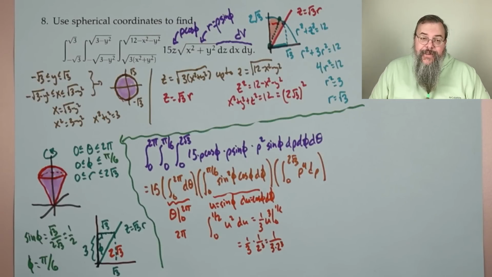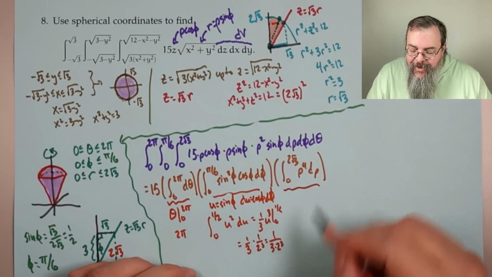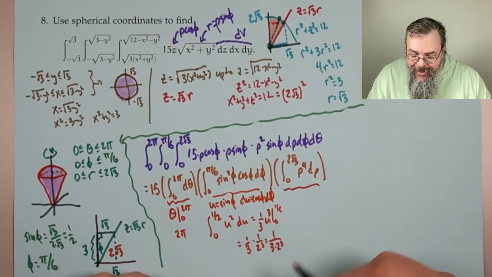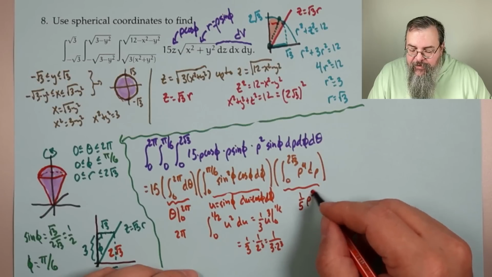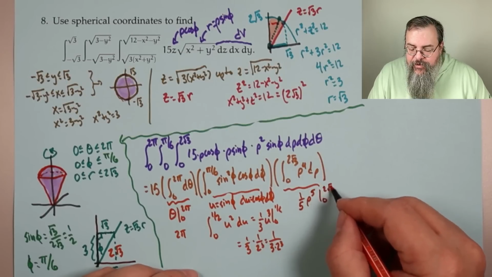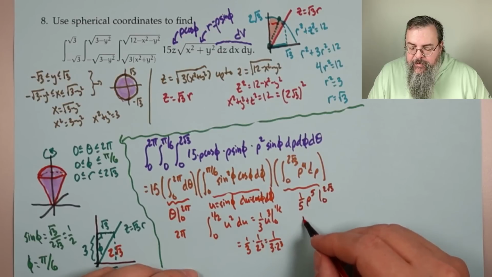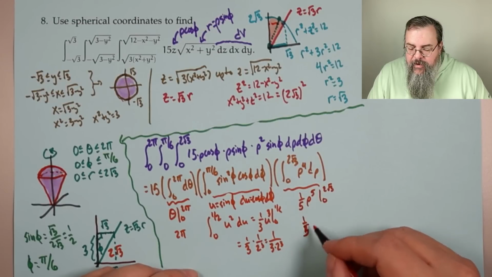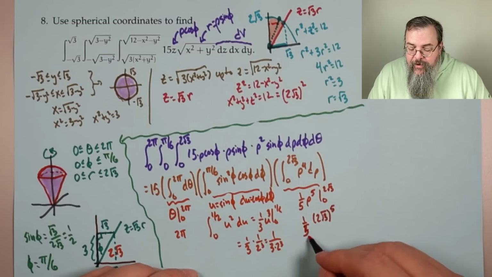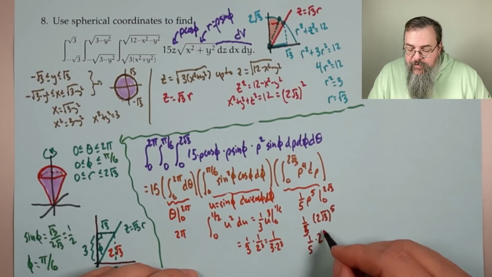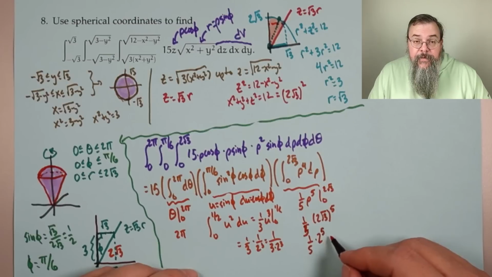Okay, now the last integral. Rho to the 4th becomes 1/5 rho to the 5th. Evaluate 0 to 2 root 3. So that's 1/5 times 2 root 3 to the 5th. Or that's 1/5 times 2 to the 5th times root 3 to the 5th.